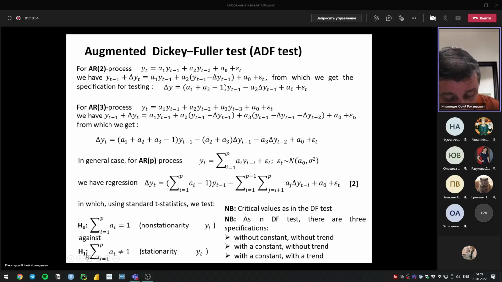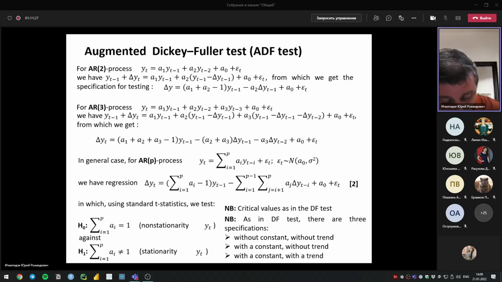The critical values are the same as those of the Dickey-Fuller tests, and there are also 3 versions. The main one with a constant and without trend. This order of the autoregressive model is an important characteristic of the Dickey-Fuller test. When you run this Dickey-Fuller test in R, you will need to specify the number of lags for your autoregressive model there.